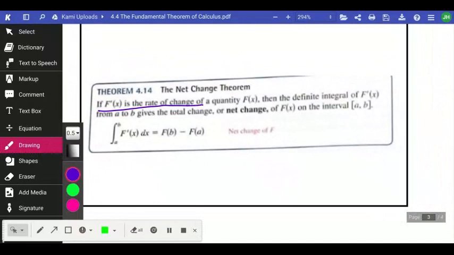This is really important for your AP test. There are going to be two types of problems that they will have you do, and they'll use language that doesn't say, please take the derivative or please take the antiderivative. What they will say is rate of change, and we know that to be derivative, right?